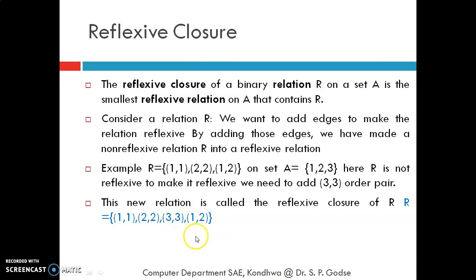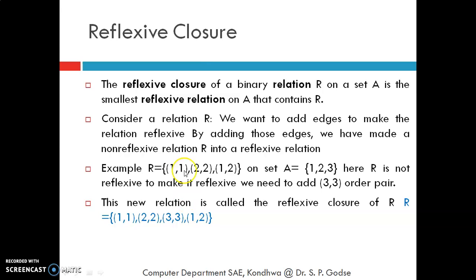For making the relation reflexive, if you see, it contains the original R in it, that is (1,1), (2,2) and (1,2). So the reflexive closure is equal to R union the extra pair required, that is (3,3).